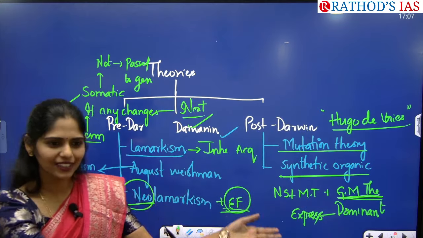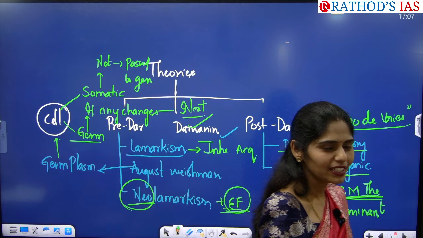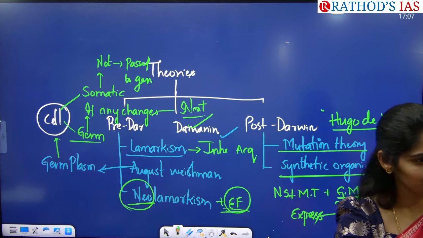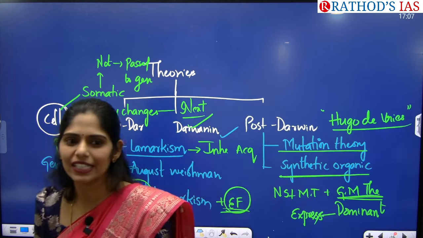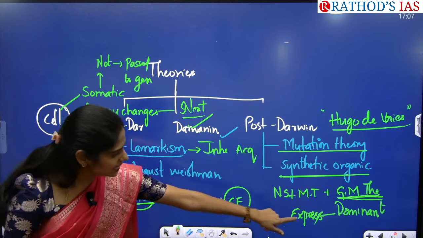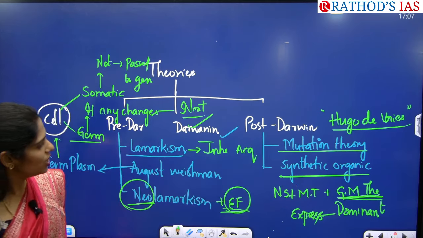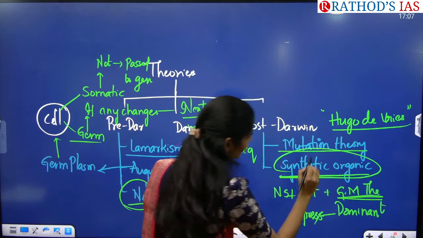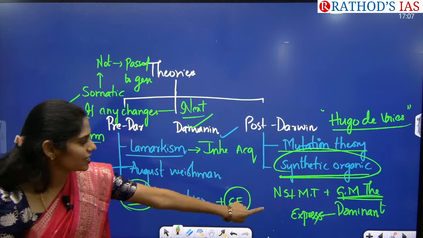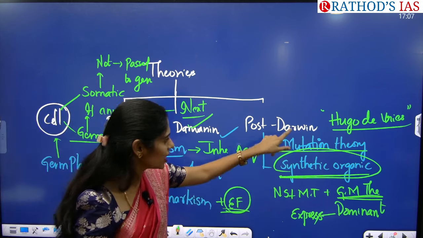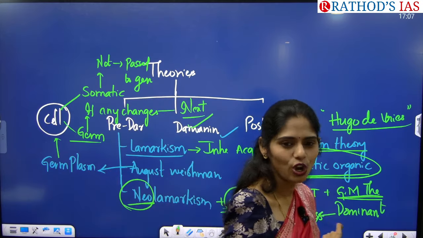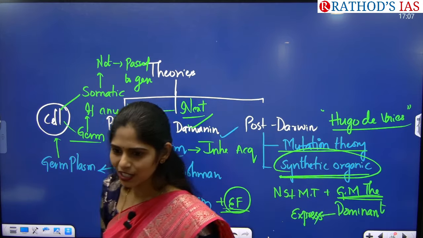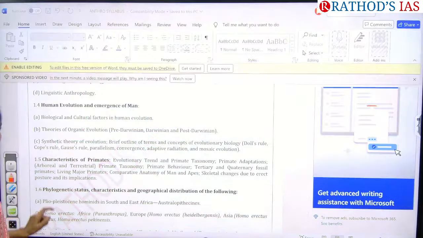For example, father and mother: the next generation gets both from the father and mother, but whichever gene is dominant will be seen in the next generation. That is the theory given by Gregor John Mendel. So the synthetic theory is a combination of Darwin's natural selection theory, Hugo de Vries's mutation theory, and Mendel's dominance allele theory. So this is your second part, theories of organic evolution.